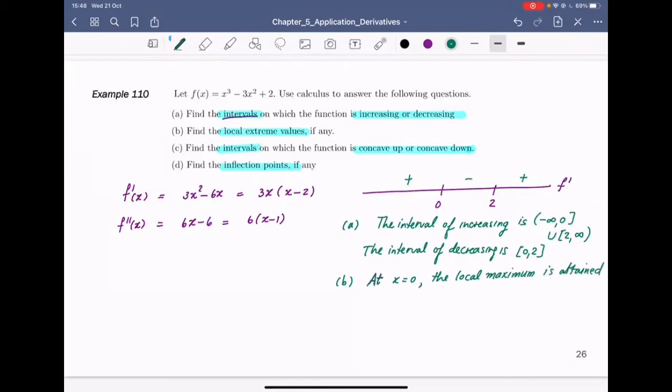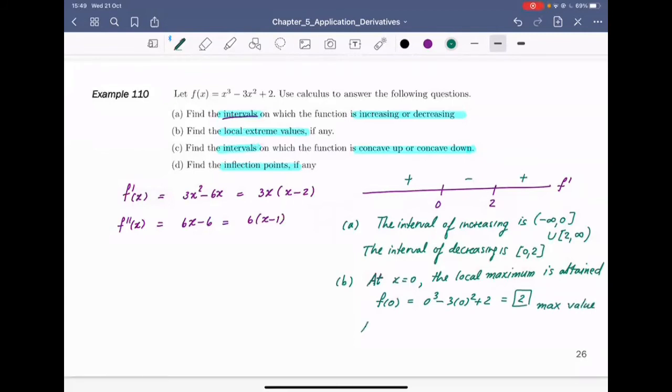So at the point x equal to 0, you have a maximum. When x equal to 0, you get f(0) equal to 0 cubed minus 3 times 0 squared plus 2. This is 2. So f(0) equal to 2. So this is your maximum value.